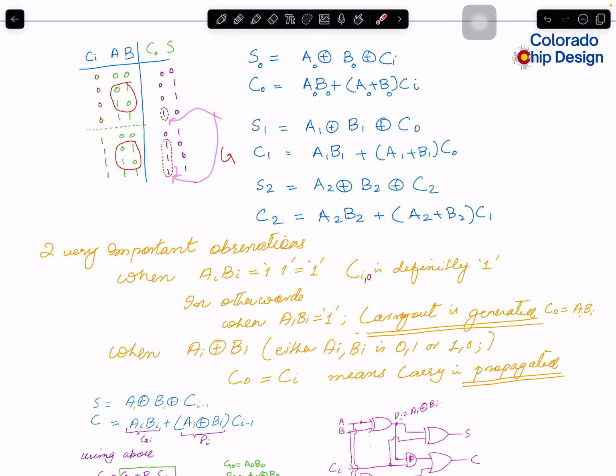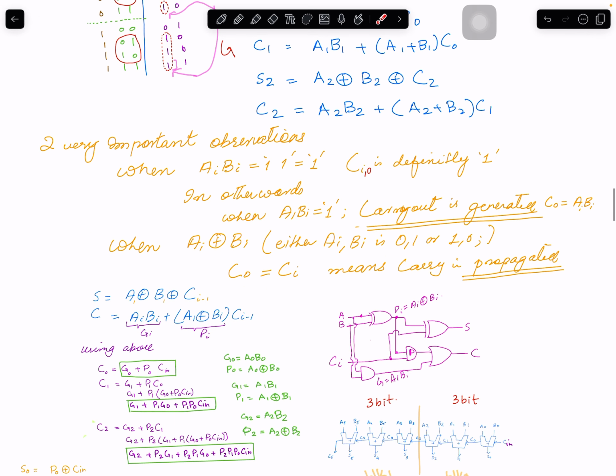So it's an exclusive OR gate. So when A and B are of exclusive OR combination, which is always 0 1 1 0, means either AI, BI is 0 1 or 1 0, then carry out is equal to carry in, meaning carry is propagated. And this is exactly what is coming.